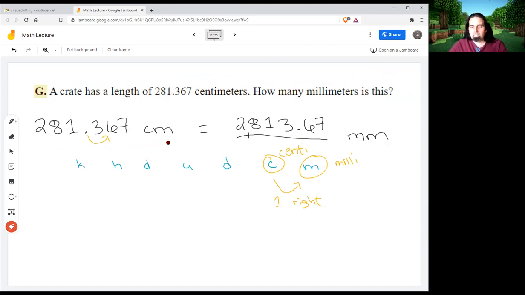Feel free to skip that step if you don't need it. But I've done enough of these when I'm really tired that I like writing this part just because it makes it really clear. This is what I'm starting with. This is where I'm going to. Then I put down my letters and pick the starting and the ending and count where to go. And then I do the same with the decimal.